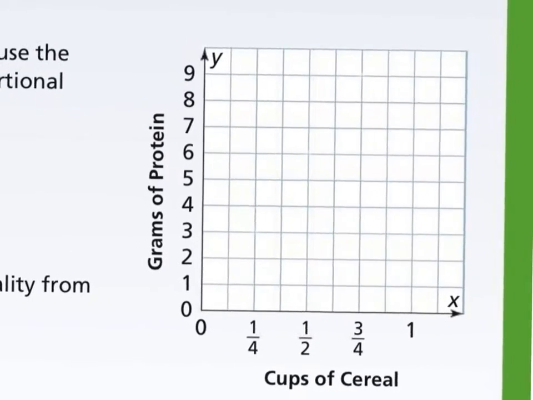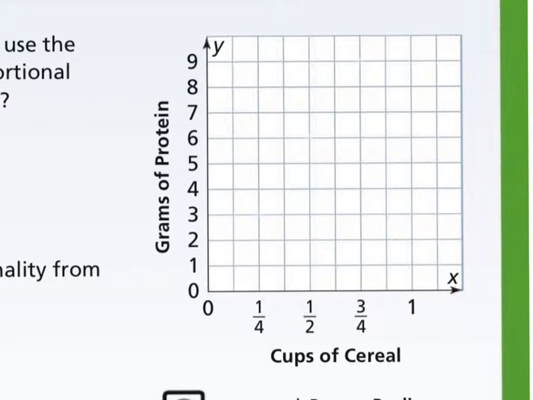So we could look at graphing this out. Again, this is technically more work than what we'd have to do to figure this out, but that's okay. 1/4 cup of cereal is 3 grams of protein. The next spot they've got marked here on the x-axis is a half, and we know a half is the same as 2/4.